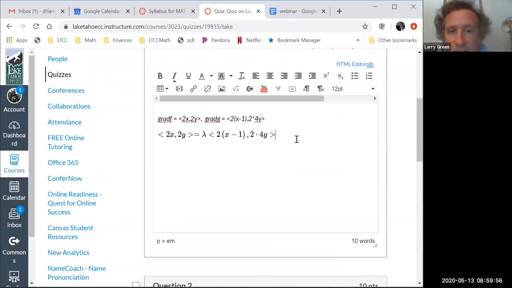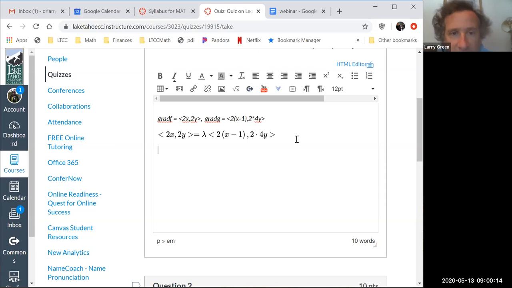Any questions so far? Okay, so now we can get the equations, and because I planned this ahead of time, I can divide this whole thing by 2. And everywhere you see a 2, all the 2's are gone.